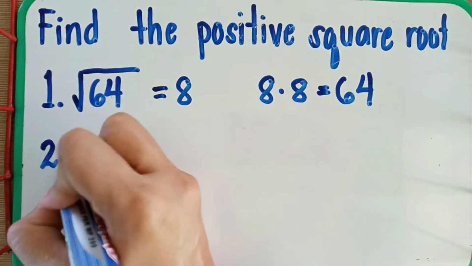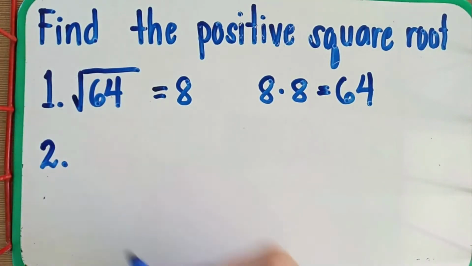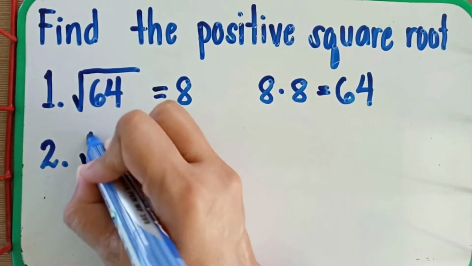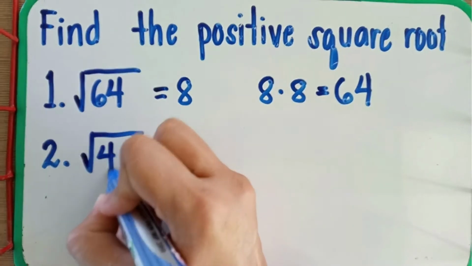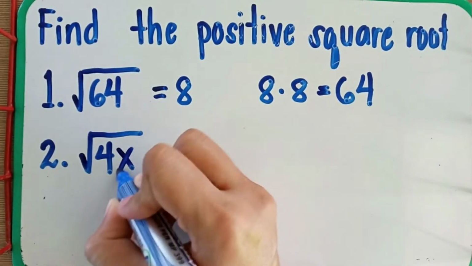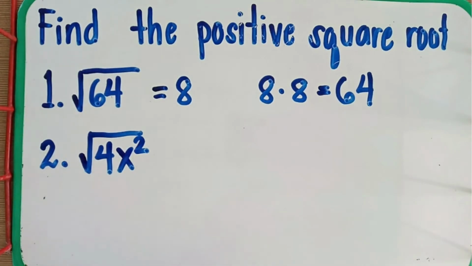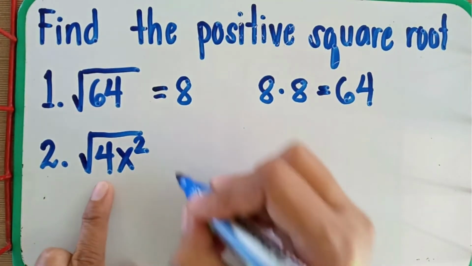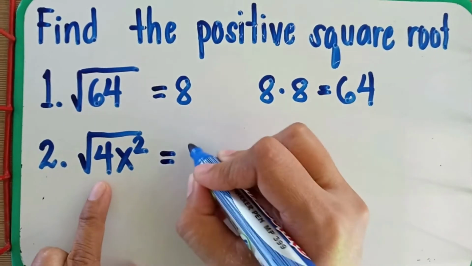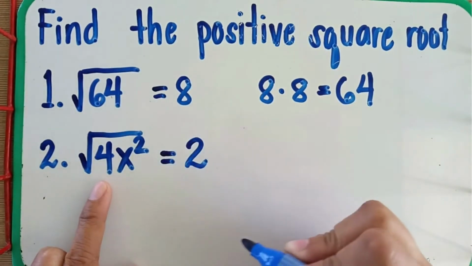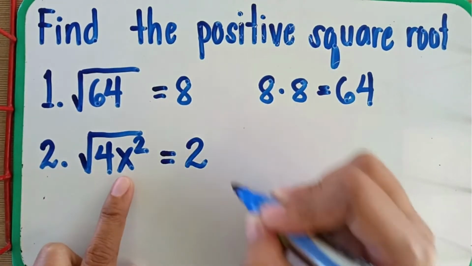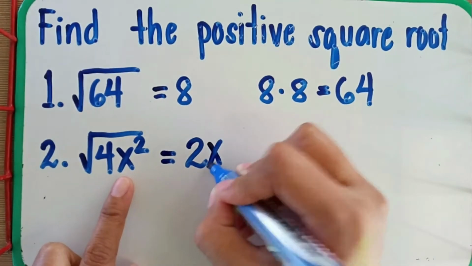Another example. Example number 2: square root of 4x squared. First we will find the square root of 4, which is 2. The square root of x squared is x.